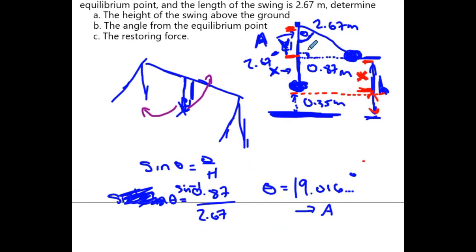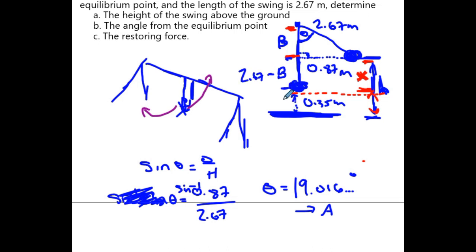So if I could erase some of the mess that I've got going on inside here, I've now determined that I know that this value right here is B. But I know that from here to here is going to be 2.67 minus B. Hopefully that logic makes sense to you.